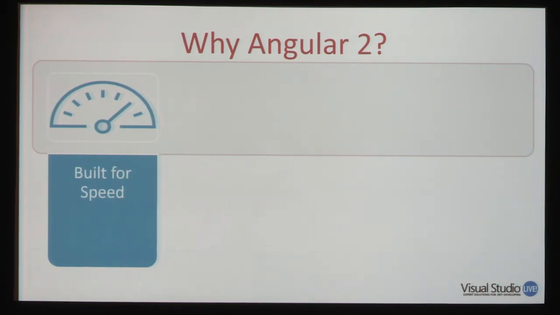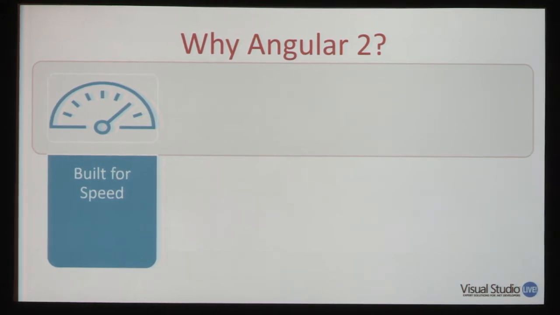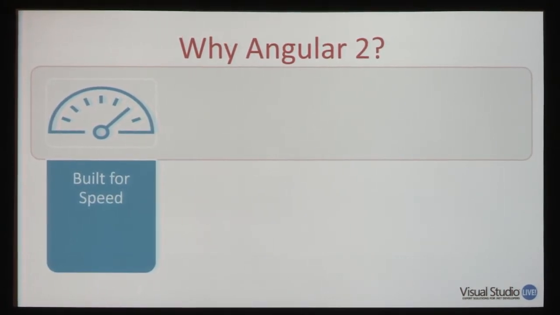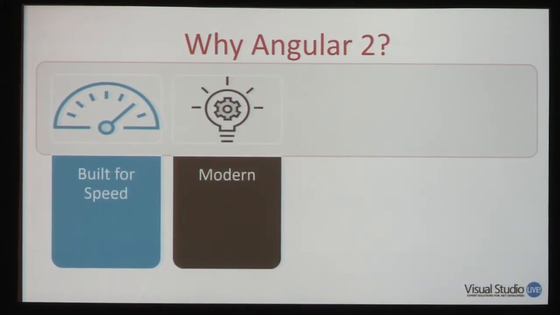They're looking at really drastically reducing the footprint required to bring down a Hello World style application. And then they're also looking at improving the performance of the display, the rendering process, the change detection and so on, really improving the speed. And they have some pretty impressive looking graphs showing how much faster they've gotten with Angular 2.